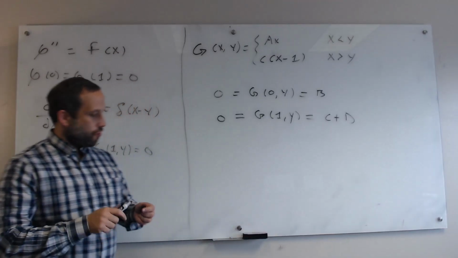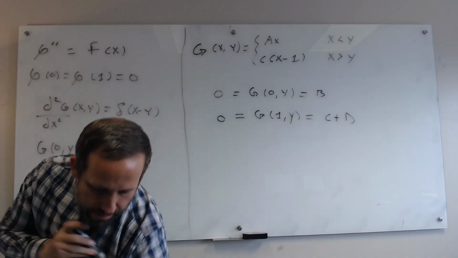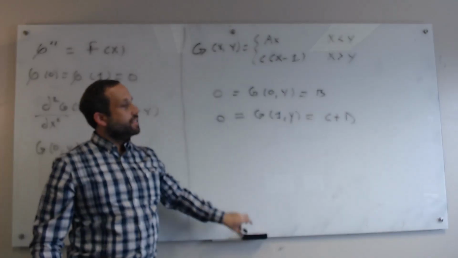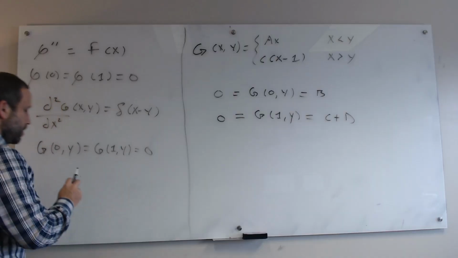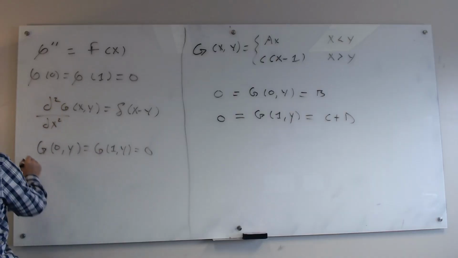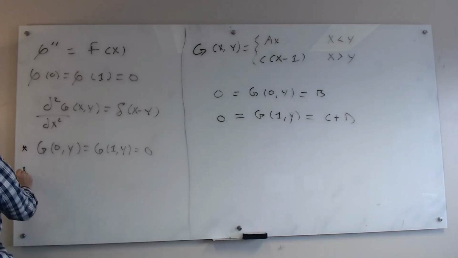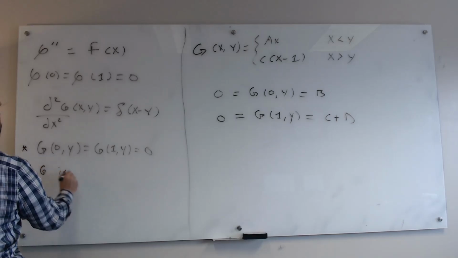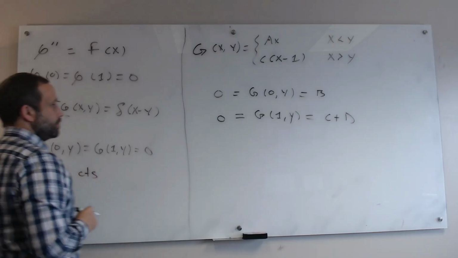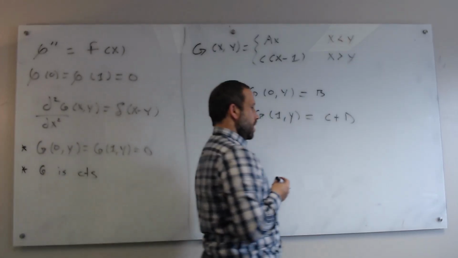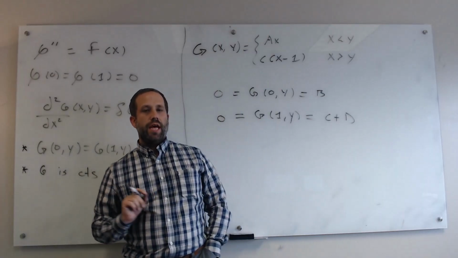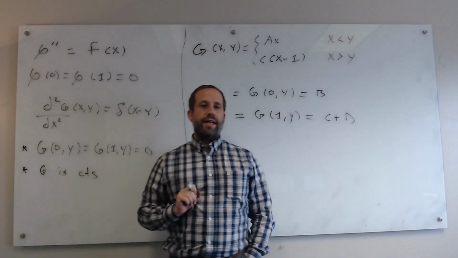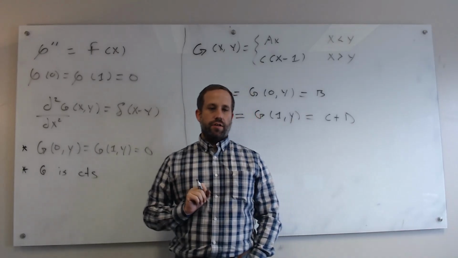Well, I need 2 other equations, basically, to figure out what a and c are. The first I'm going to use is that g is continuous. So this is one condition. Why is g continuous? If g had a jump discontinuity, the derivative of g at that jump discontinuity would be a Dirac delta function.